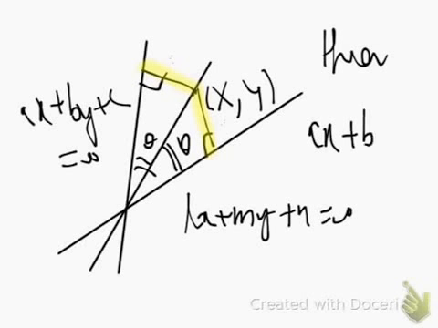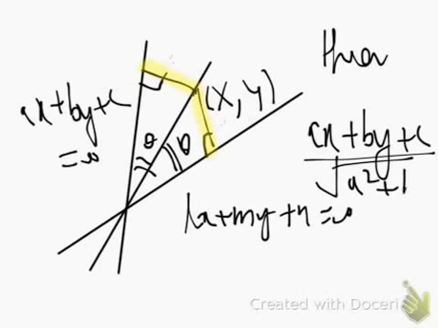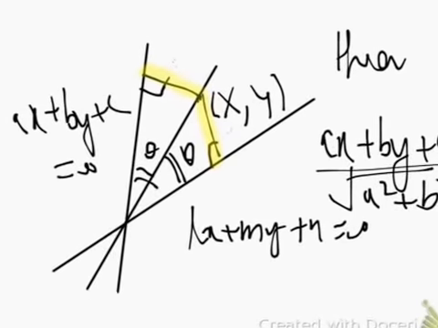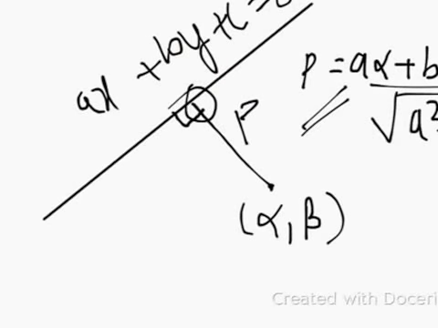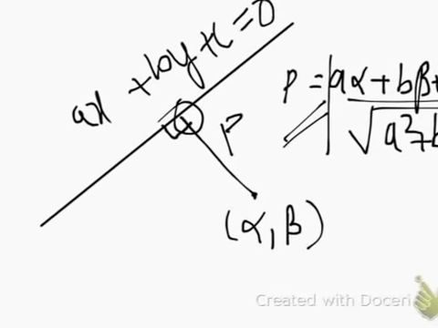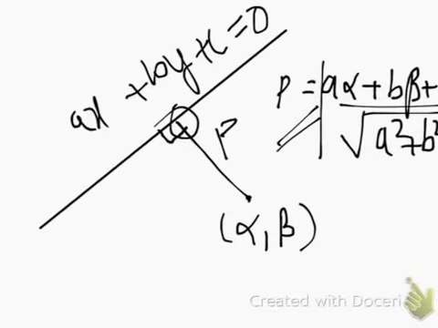(ax + by + c)/√(a² + b²). A small change I would like to tell here is that p will have a mod sign because p needs to be positive, and when the mod sign is removed we have a plus minus, where the plus minus will show the direction of the line, again the same direction which we talked about in the perpendicular form of the line, like this one, this vector.